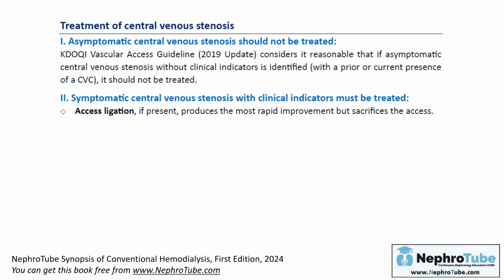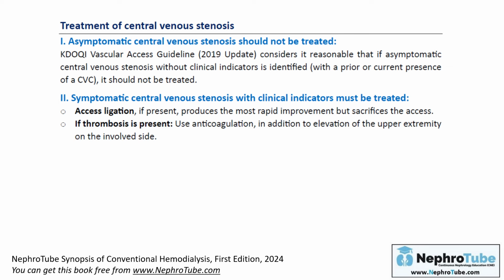First, one of the treatment methods is access ligation. Ligation of the AV access may be the definitive treatment of central venous stenosis, but actually this sacrifices the access. If there is thrombosis in the access secondary to the central venous stenosis, use anticoagulation with elevation of the upper extremity.